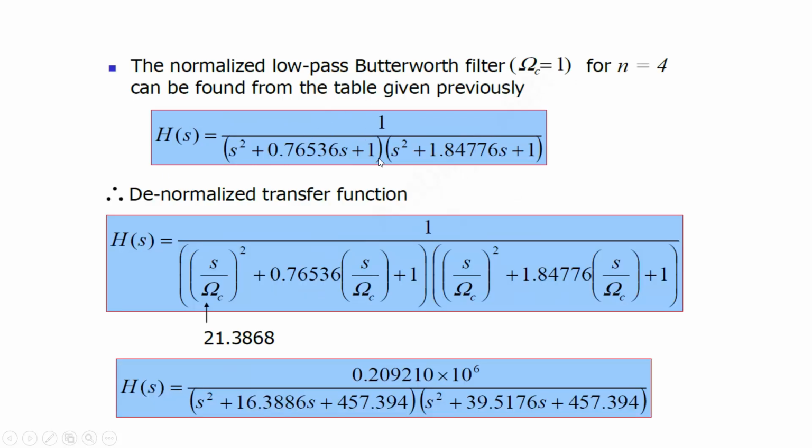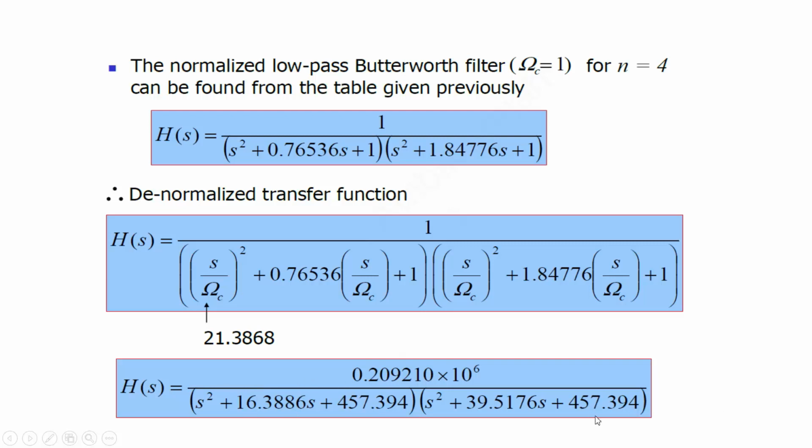So if I have to denormalize this transfer function, I have to replace s by s over omega c. Omega c I have already calculated. So everywhere in the transfer function H(s), if you want to get a denormalized transfer function, you replace s by s over omega c. You have to get the expression in terms of s. The omega c value you know. So this is my final expression of the transfer function, which is a denormalized transfer function.